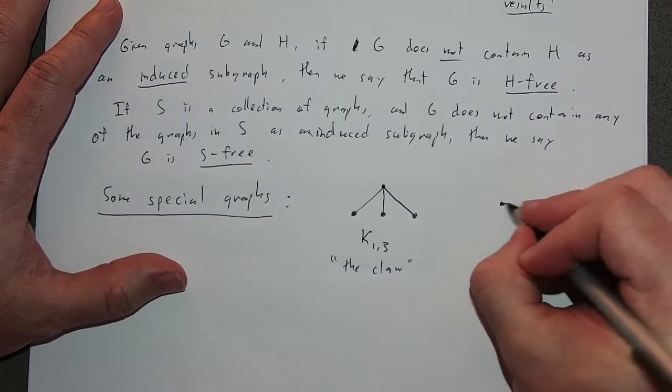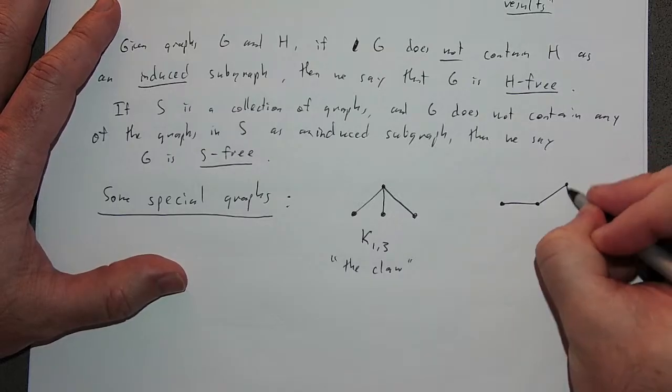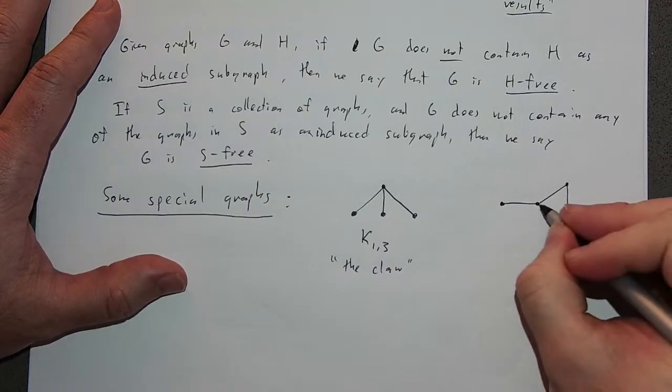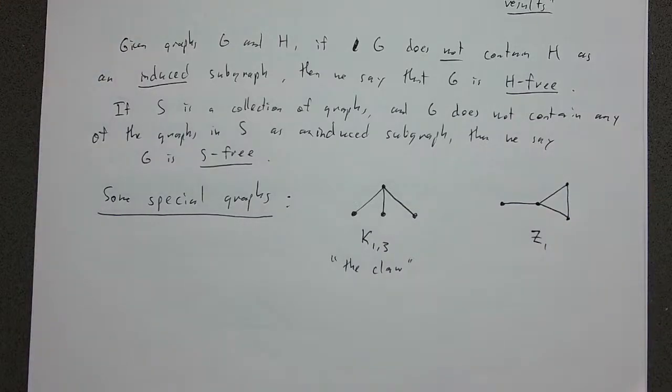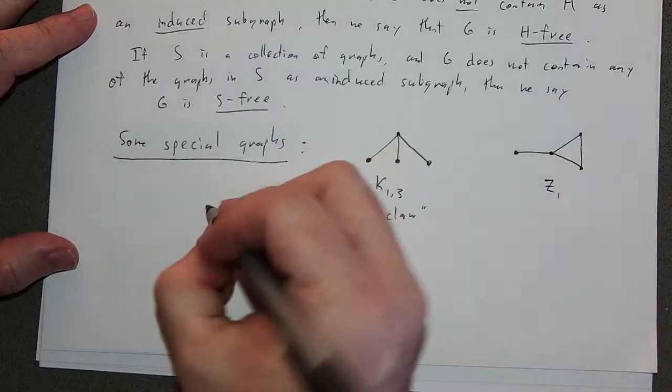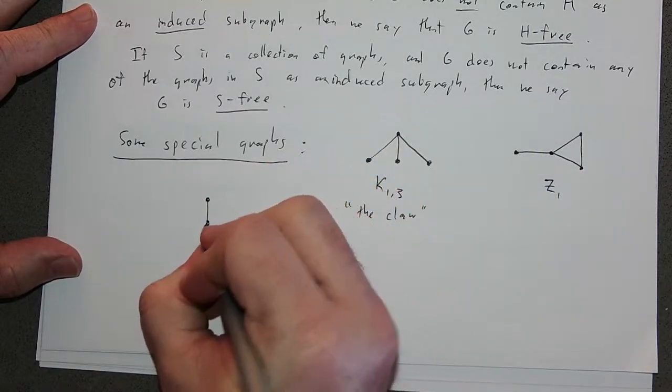There is this graph, which for now I'm just going to call Z1. And there is this graph, which I'm going to call N for now.